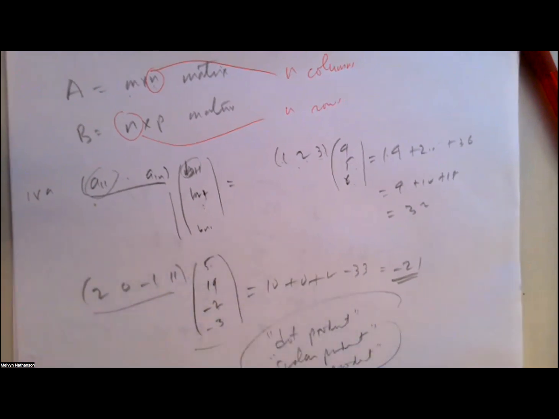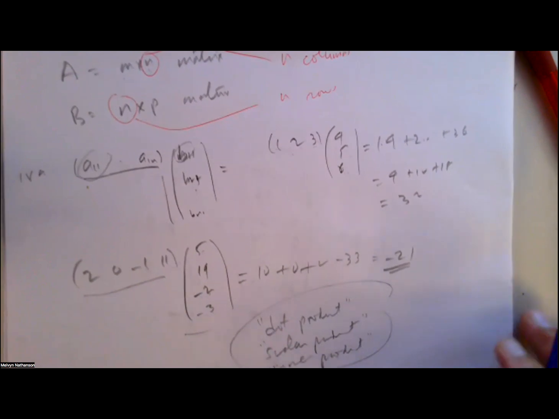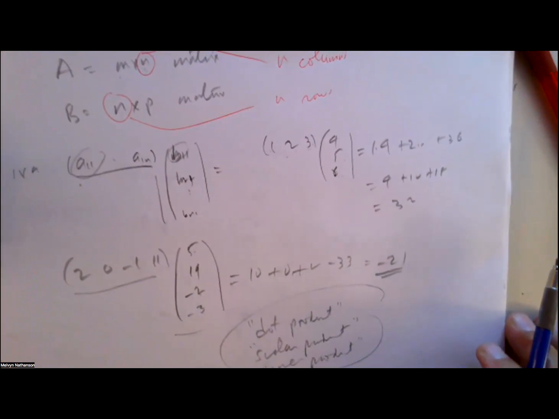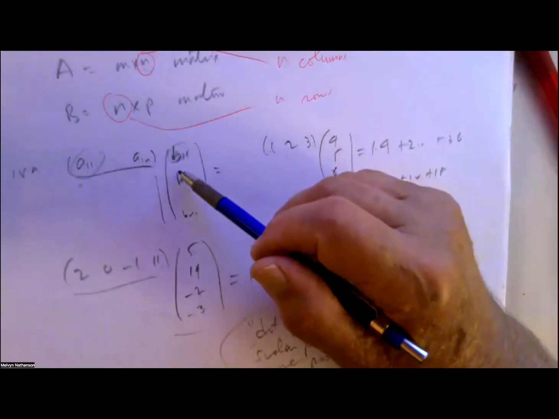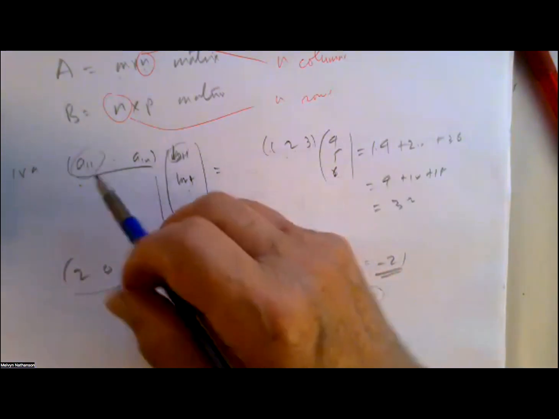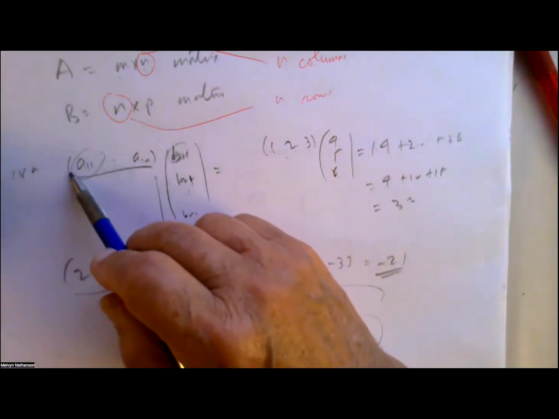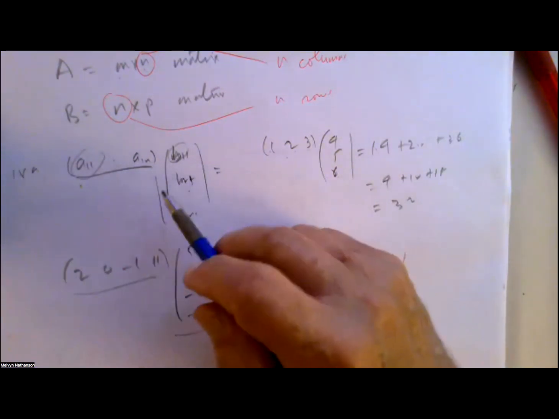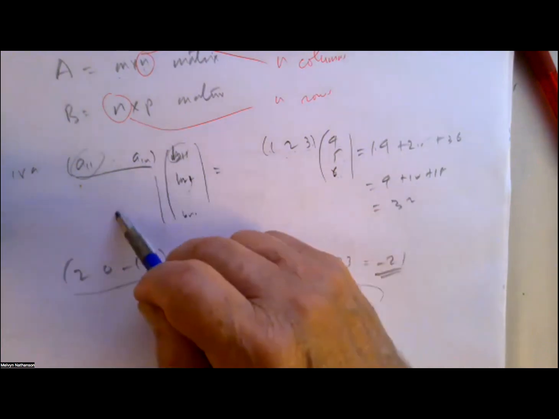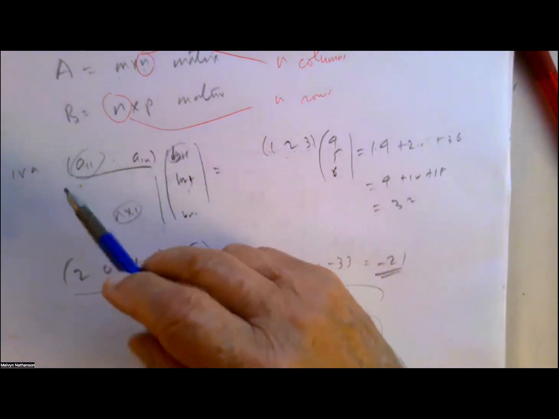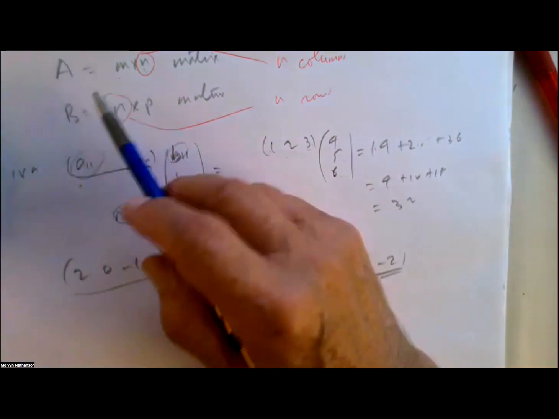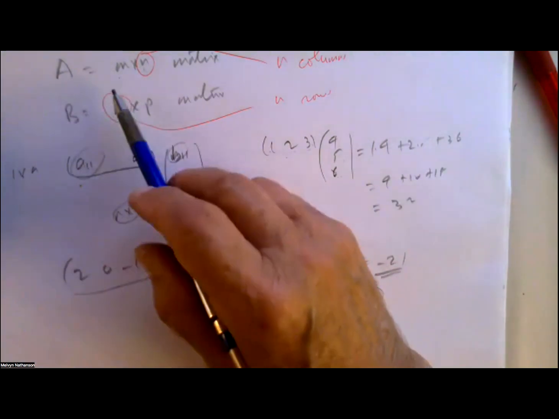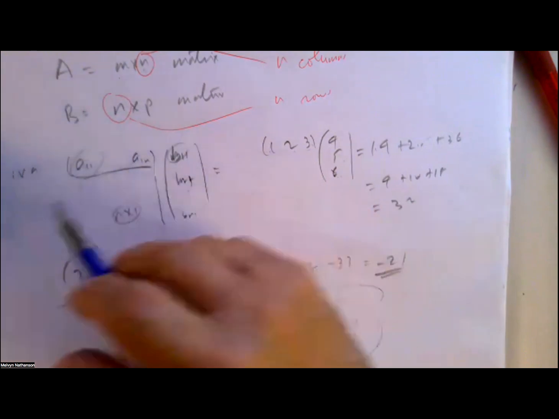Wait, so can you multiply the two vectors if m equals p, or does that only work for m by n vectors? No. So this is 1 by n. This guy is n by 1. In this case, if these are going to be vectors, there's going to be just one row and one column.